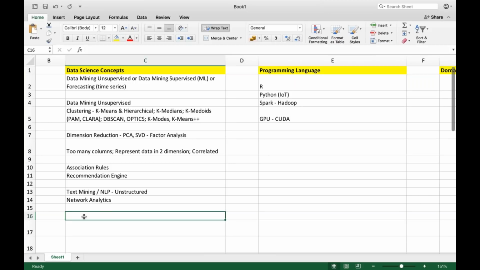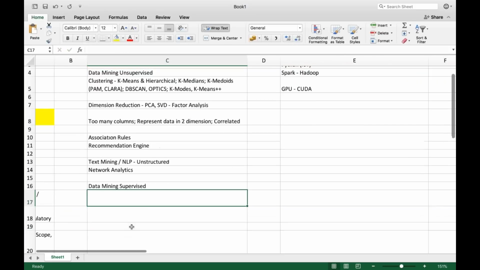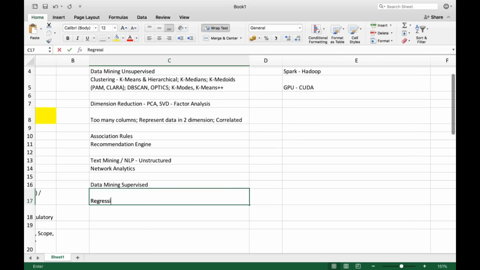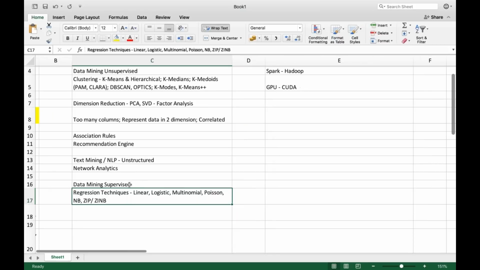All right. Now, data mining, supervised learning. So all these regression techniques that you know, such as linear regression, logistic regression, multinomial regression, Poisson regression, negative binomial regression, zero inflated Poisson or zero inflated negative binomial, etc. All these are the regression techniques which are very much part of data mining supervised.